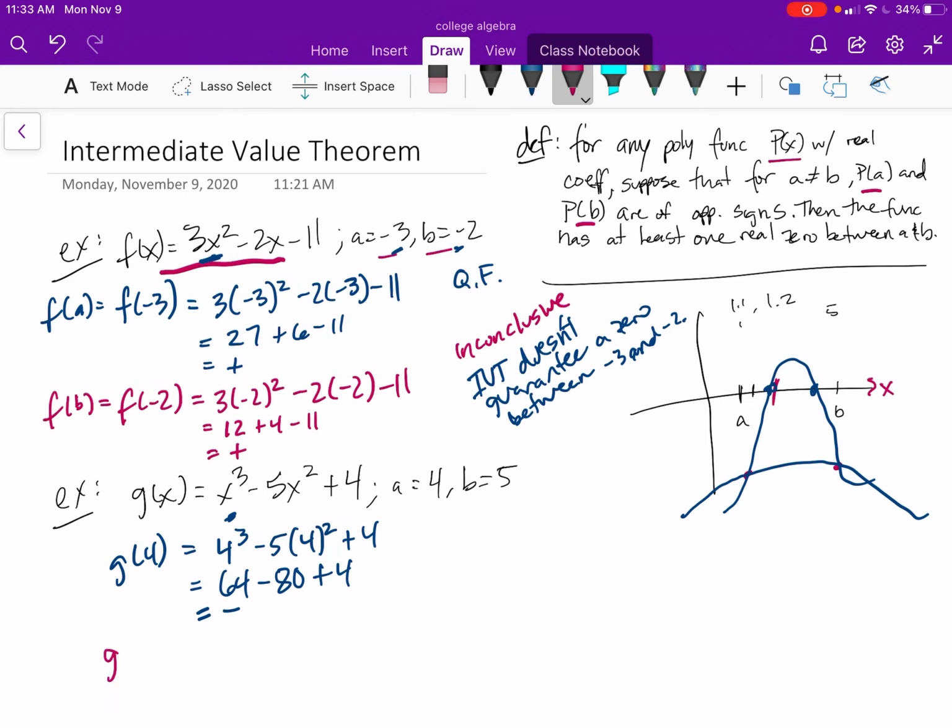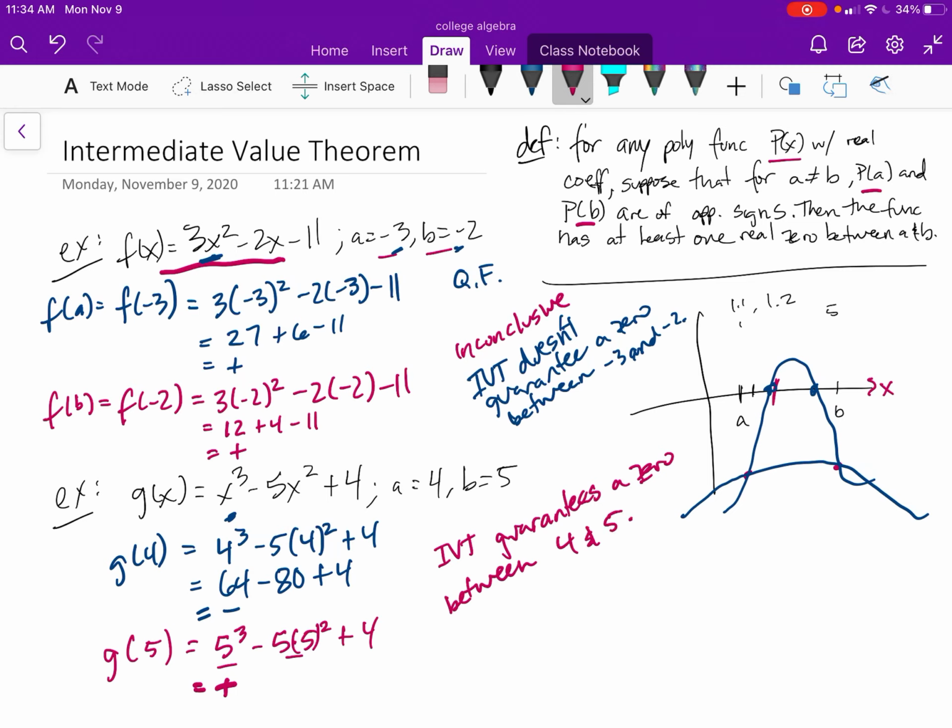Negative. g of 5. 5 to the third minus 5 times 5 squared plus 4. Well, 5 to the third minus 5 to the third is 0, plus 4 is 4, so we get a positive. So yes, there is a zero. The intermediate value theorem guarantees a zero for this function between 4 and 5.